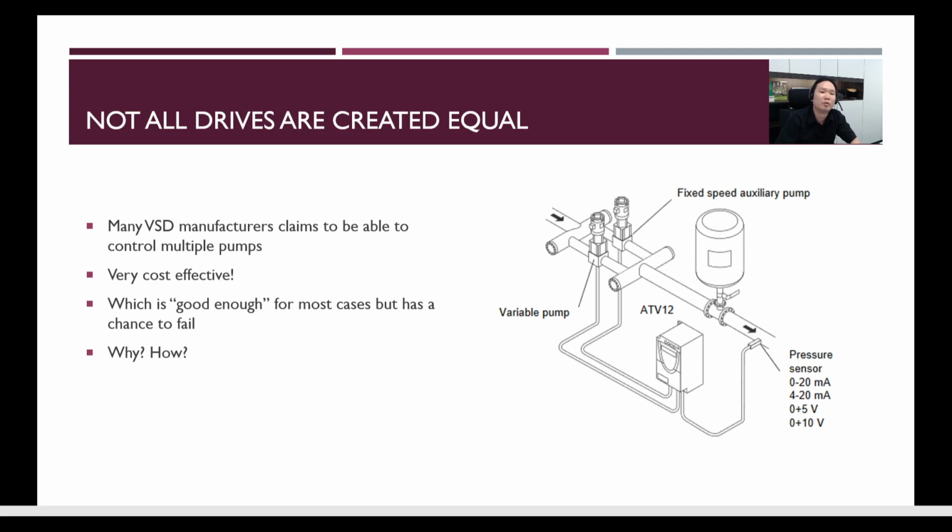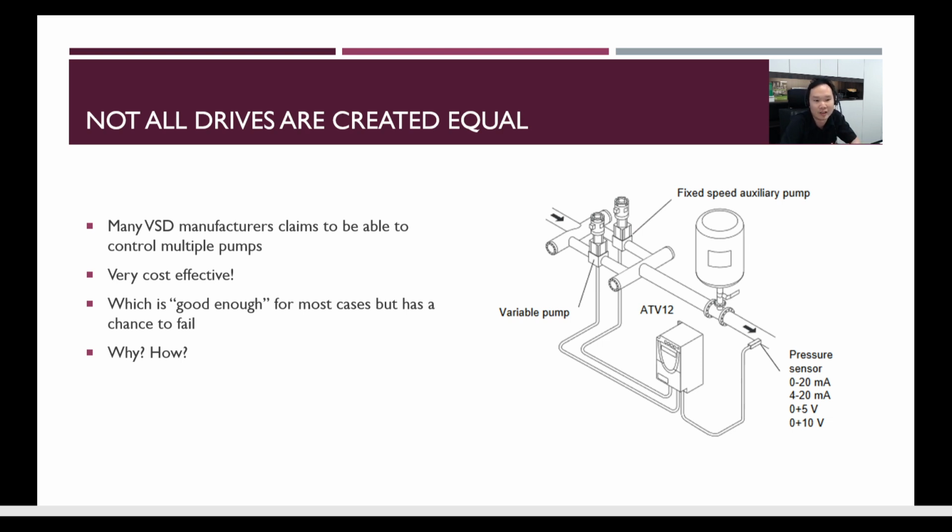Right. So not all drives are created equal. Many VSD manufacturers claim to control multiple pumps using one inverter. Some even claim that one inverter can control up to six pumps. I'm not saying that any of the manufacturers are bad.